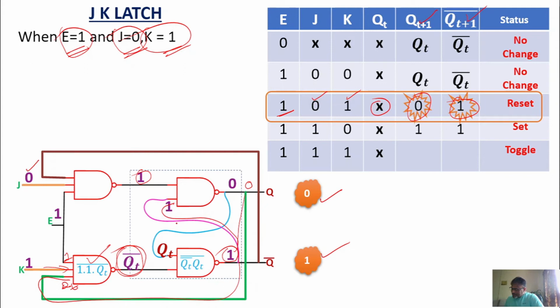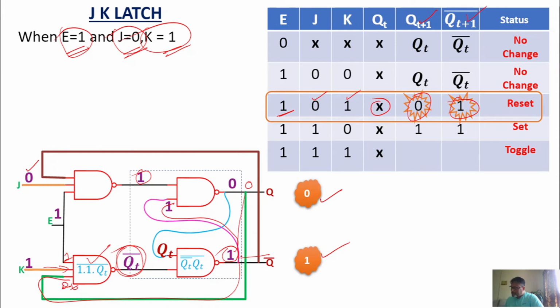Now let us see where you get the output. Now first you take this QT here. This is QT, right? QT is going to come here. Now QT bar whole bar, right? So QT bar is 0, 0 bar is equal to 1. So you get QT plus 1 whole bar is equal to 1.